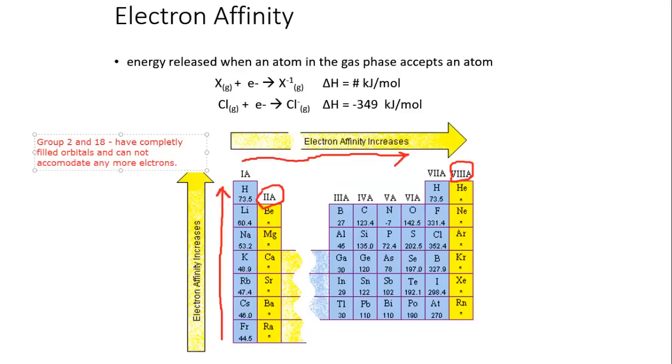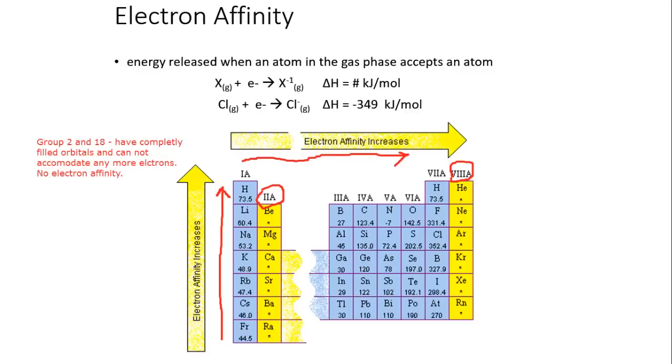They would have to add it to a higher energy orbital, which is unstable. So these have no electron affinity. Groups 2 and 18 have no electron affinity because their orbitals are already filled and you can't add any more electrons to those orbitals.